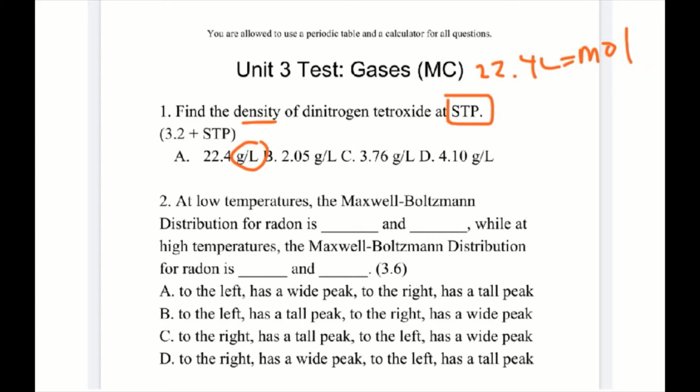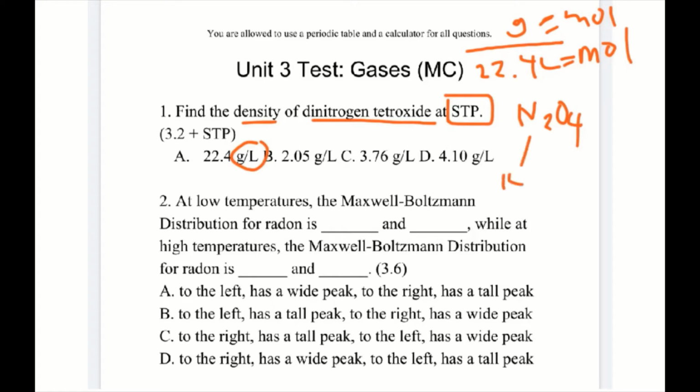So if we find the number of grams in a mole of dinitrogen tetroxide, then we will be able to divide grams per liter and thus find our answer, which is our density. So let's try that. Dinitrogen tetroxide is N2O4. So knowing this, let's find the molar mass of this.